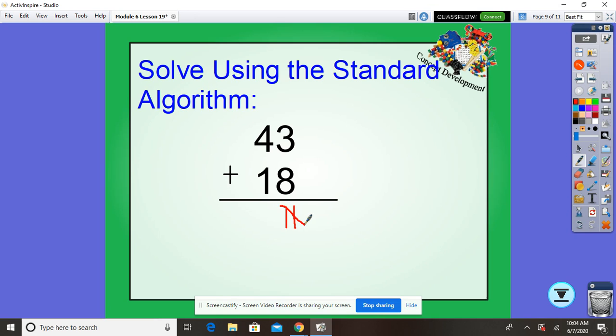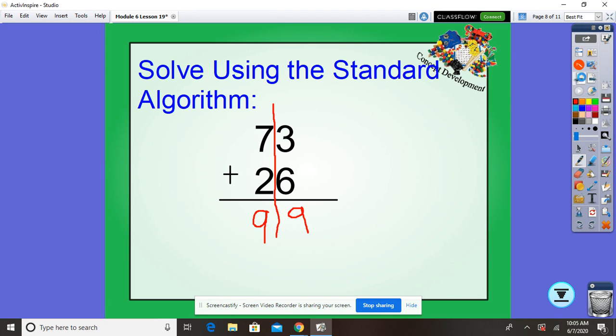You only put one number, and what you're going to do is write the ones. So here's 11. The number in the ones place goes down below, and you're going to technically carry over a 10. So then you have 1 plus 4 plus 1, and that will give me 6. And that's 61.